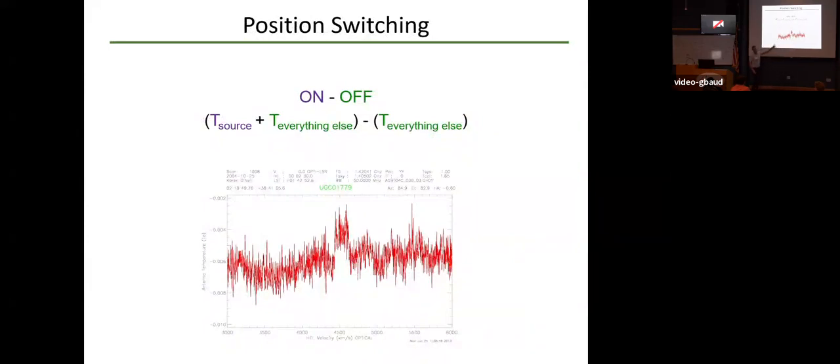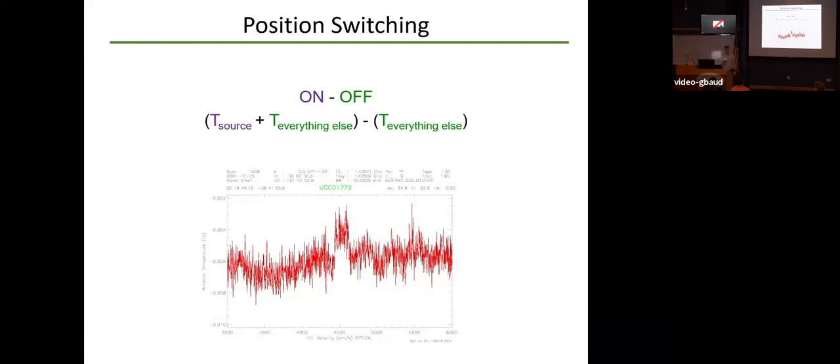Usually for this, you would fit a baseline to it. There can be slightly different baseline levels between your on and off. If your off actually has slightly higher temperature for some reason, then you would get into a negative baseline region. So in practice, what we would do is fit a baseline to this, subtract it, and it would bring this all up to 0.